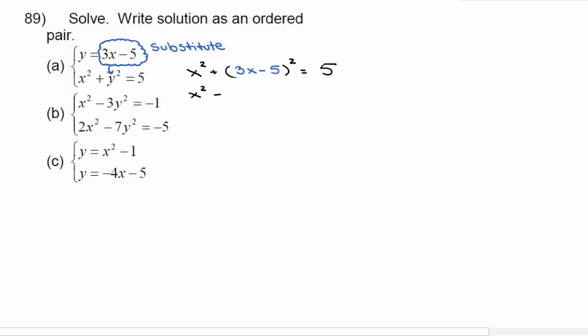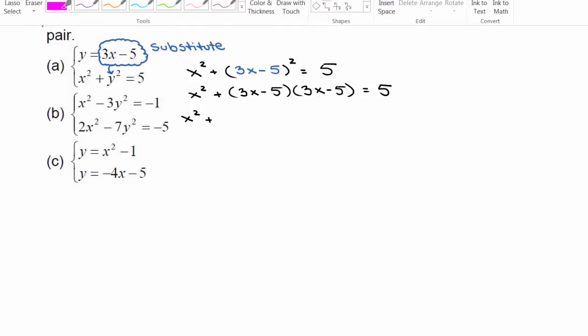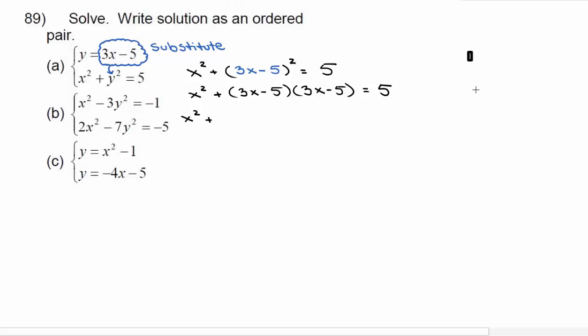Alright, now we have to square this binomial. So that's going to be 3x minus 5 times another 3x minus 5. You're going to have to FOIL this out just to make sure I don't make any mistakes. I'm going to work this out right here on the side.